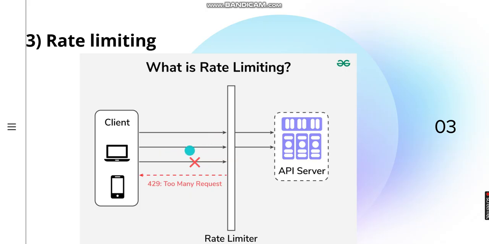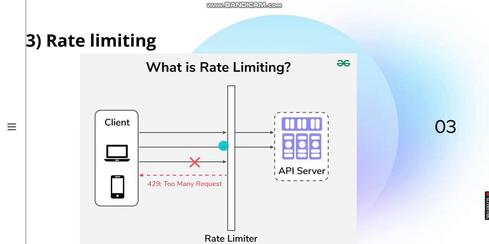Without restriction, the bots sending multiple thousands of requests to our server is going to crash our server, and it will consume all the available resources, and it will degrade the performance for the genuine and legitimate users who want to access our application.